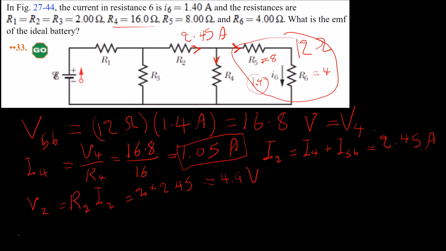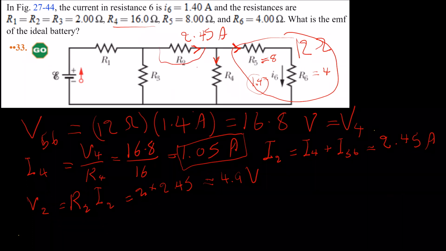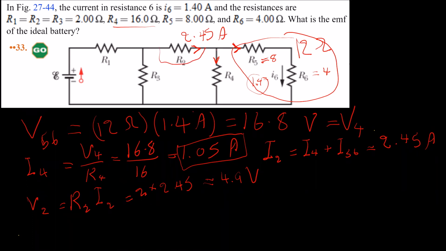And then we had V4. What was V4? V4 was 16.8. And V2 is 4.9. The sum of these two voltages becomes the voltage across R3.